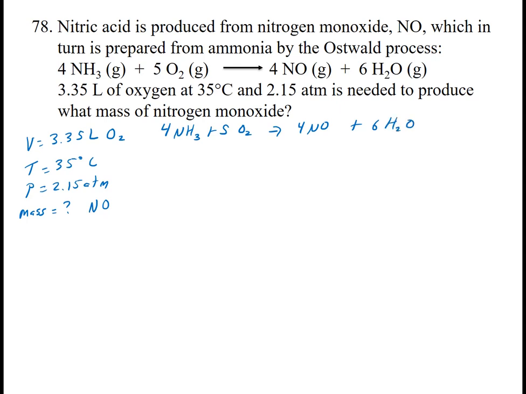So my volume is specifically oxygen, so it's 3.35 liters. Temperature and pressure also go with the same thing. So I have 35 degrees C and 2.15 atmospheres. And it wants to know the mass, so it wants to know what X grams is for the NO. Again, to me this very clearly states what I need to do here.